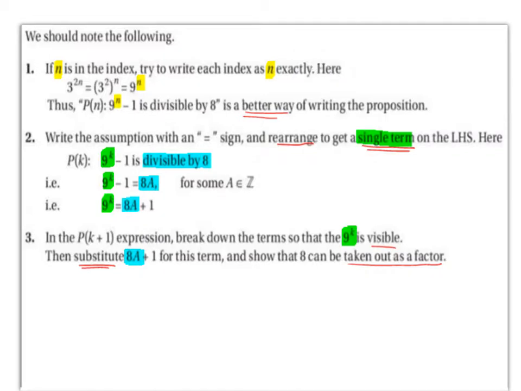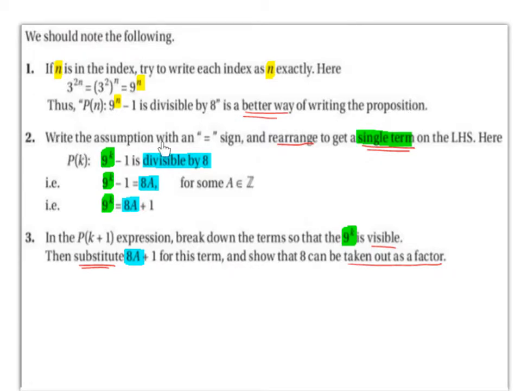So here, 3 to the power of 2n is equal to 3 squared raised to the power of n, which is equal to 9 to the power of n. Thus, P of n, 9 to the power of n minus 1 is divisible by 8, is a better way of writing the proposition.